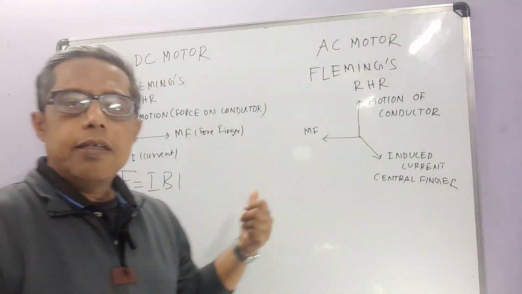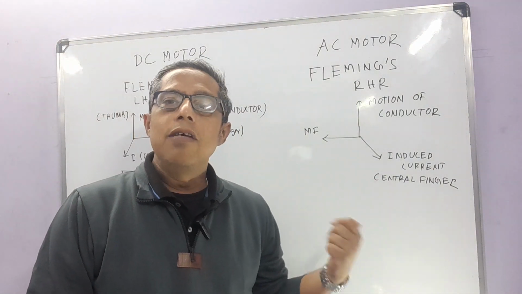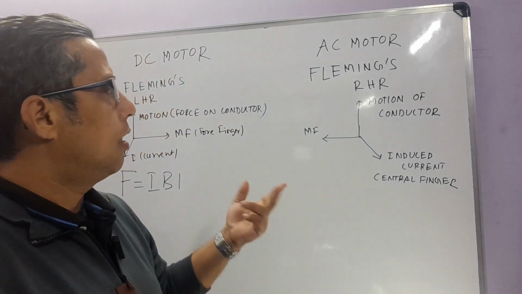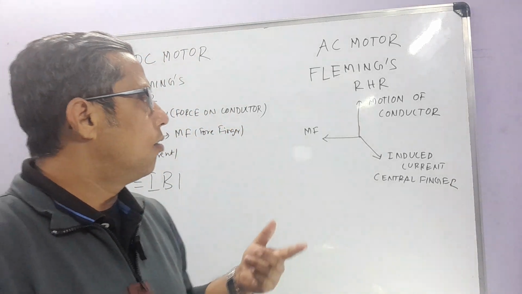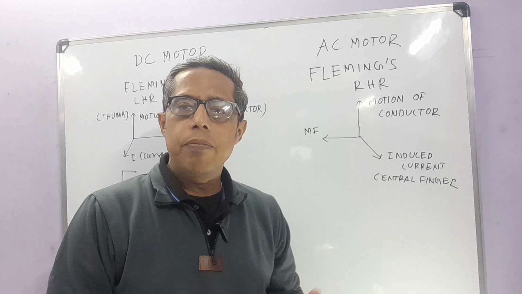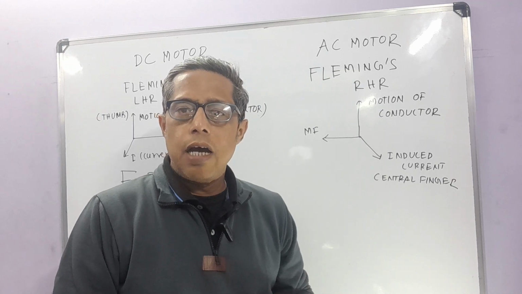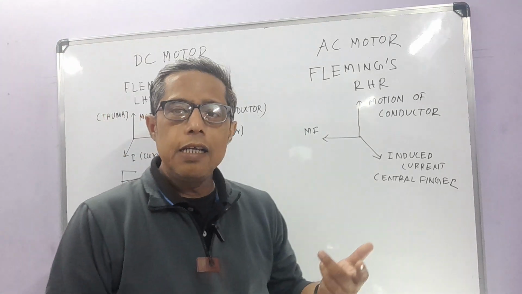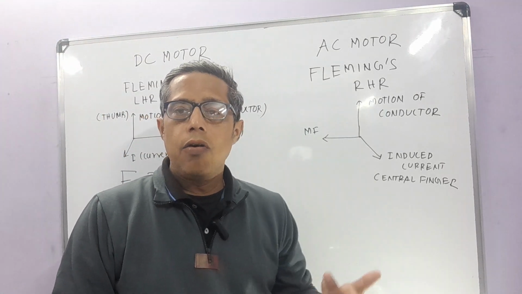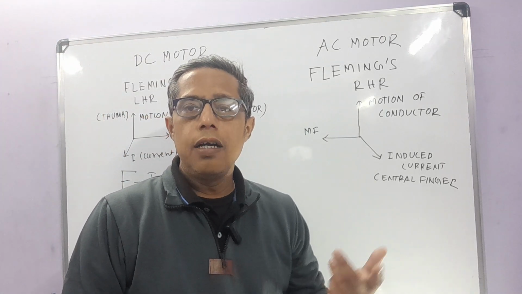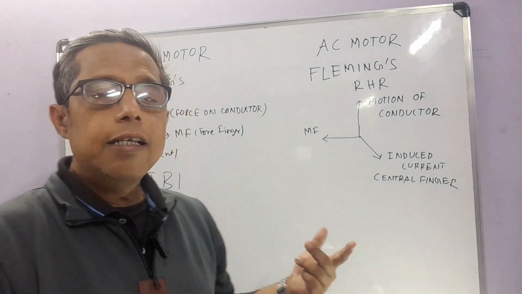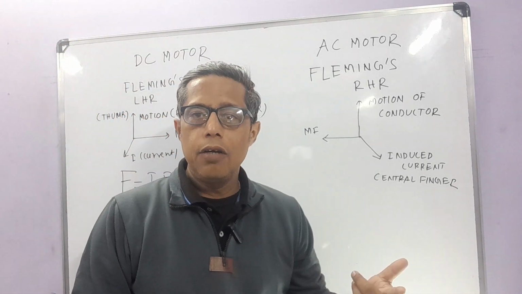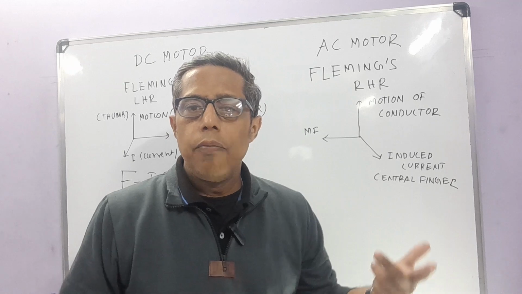Now Fleming's right hand rule for the AC motor. So what about Fleming's right hand rule? Whenever there is a change in magnetic field, an EMF is induced and current is induced in a circuit. Initially there is no source of current, only the magnetic field is changing, and there is relative motion between the conducting wire and the magnetic field.